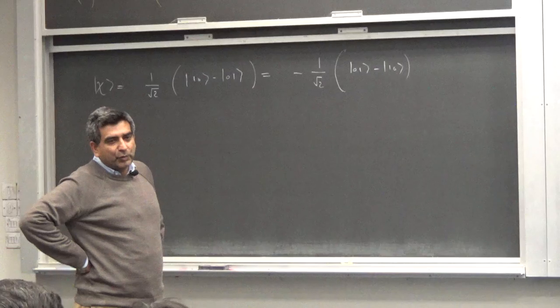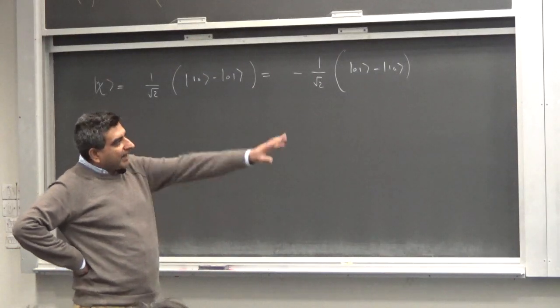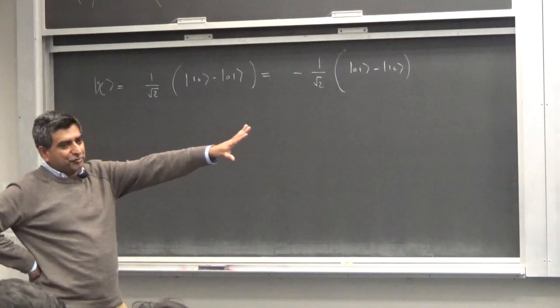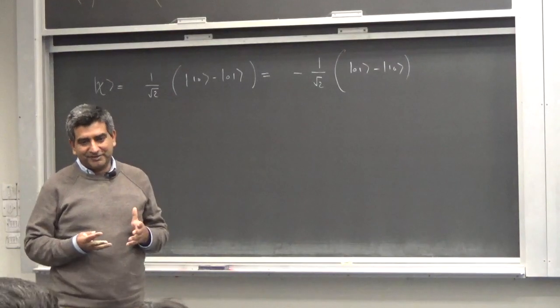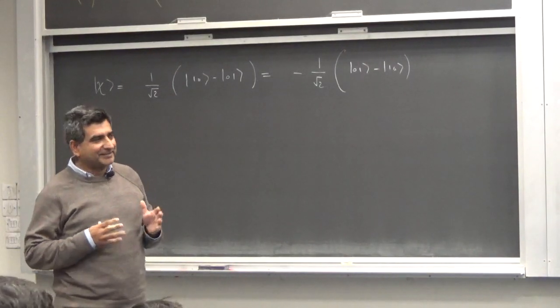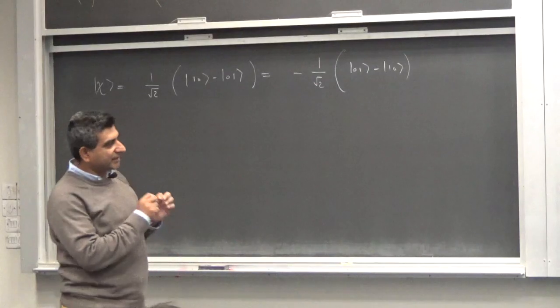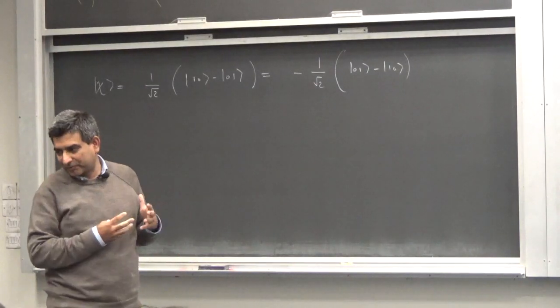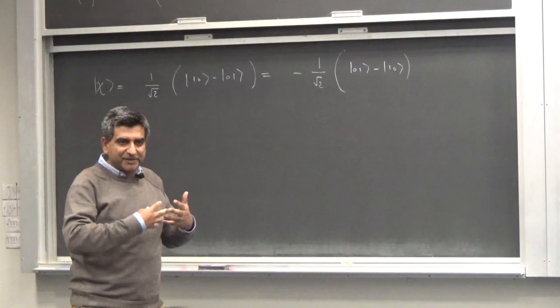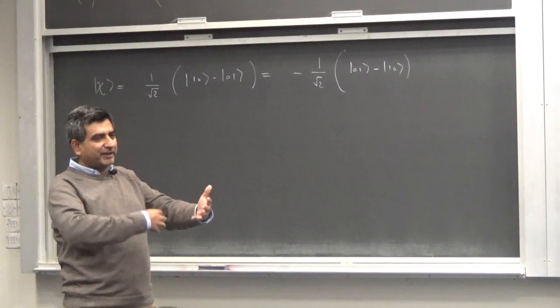By the way, a quick question: the gate that I've written with a Hadamard and a controlled NOT is entangling an input. The input state is ket 0, which is separable of course. It's taking a separable state and converting it into an entangled state.